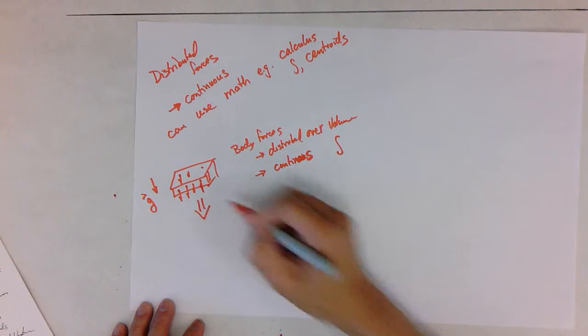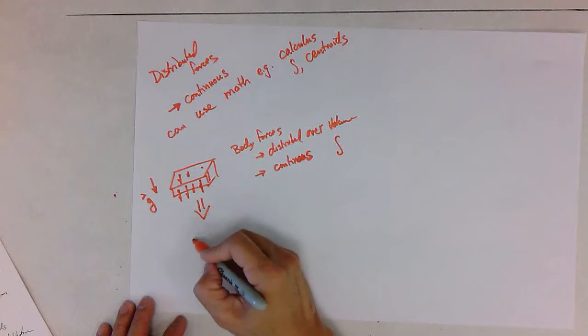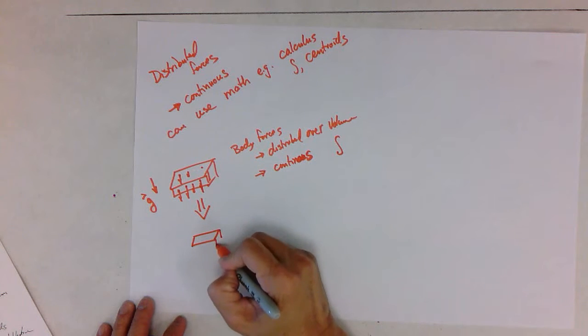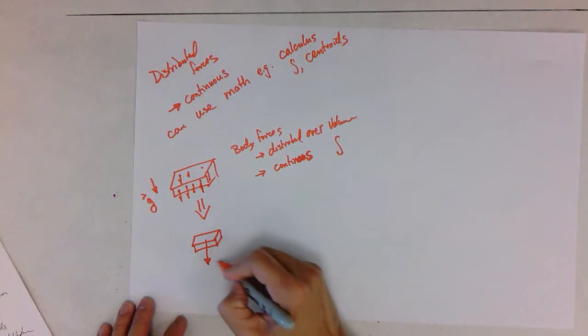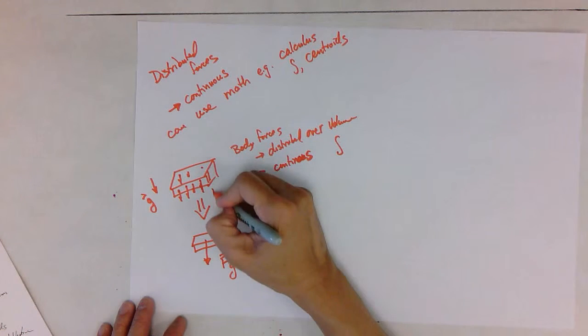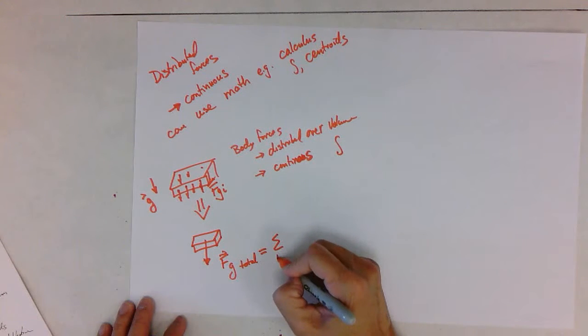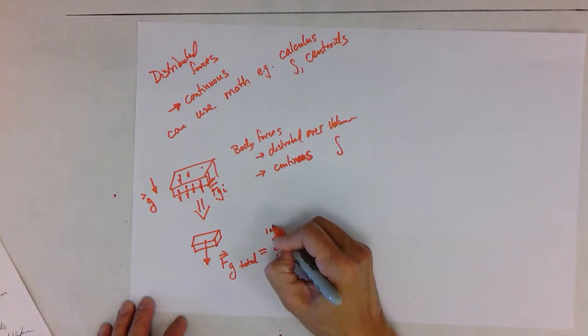So what would definitely make our lives easier is, instead of working with lots and lots of arrows, to work with one arrow. So if we have lots of these, we have F_G_i, and this is going to be the sum of all of them, i equal to 1 to a lot.